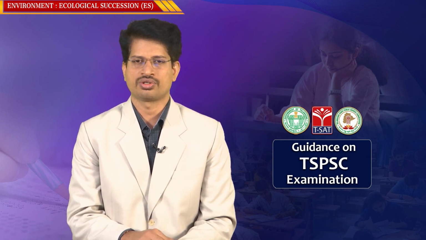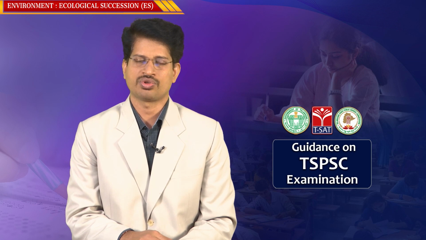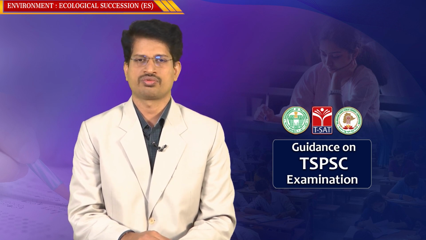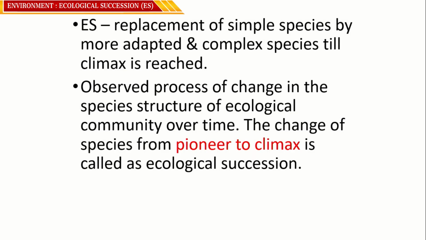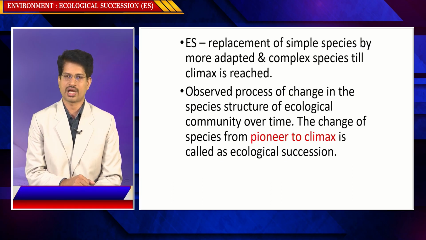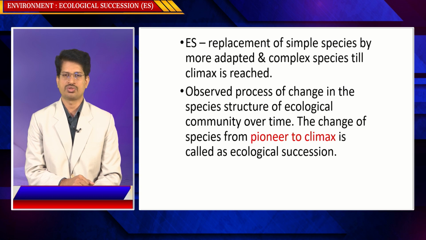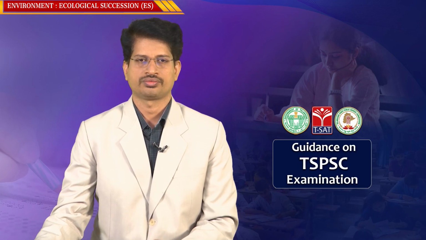The species combination in an ecosystem gradually changes stage by stage. The change of species from pioneer to climax is called ecological succession. So what is ecological succession? It is the gradual change of species combination of an ecosystem from pioneer to climax.